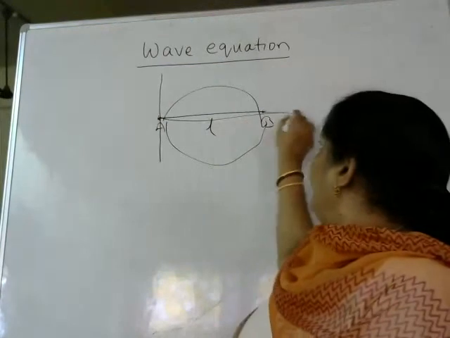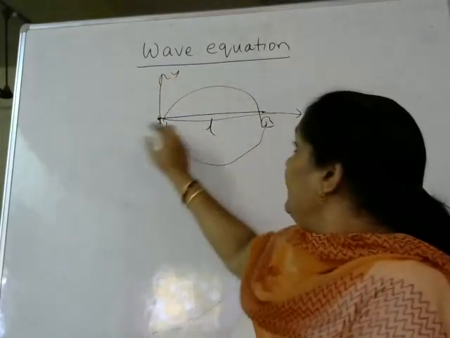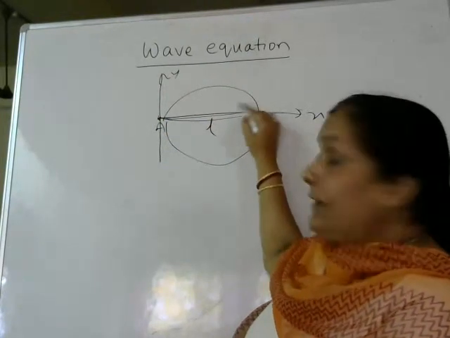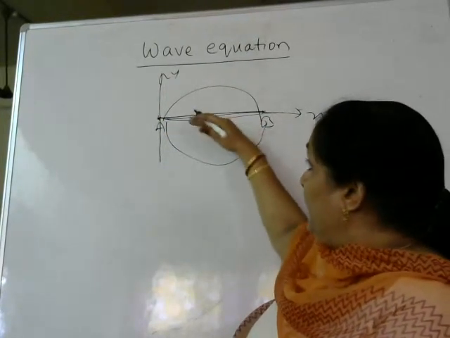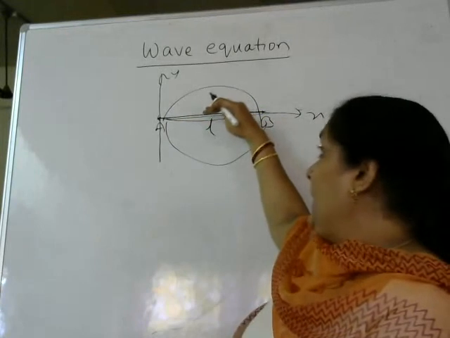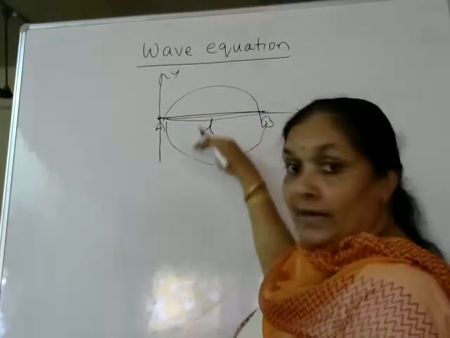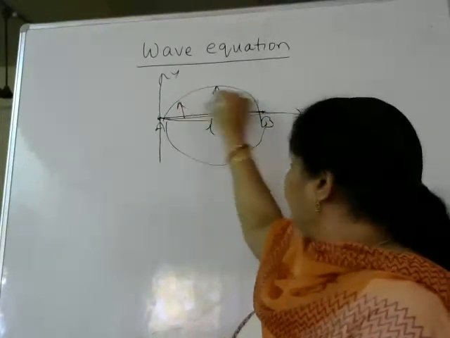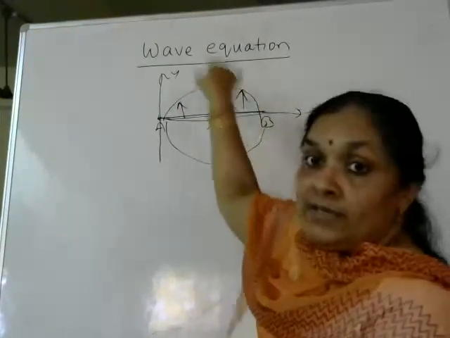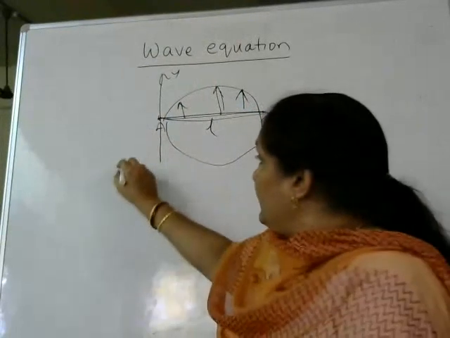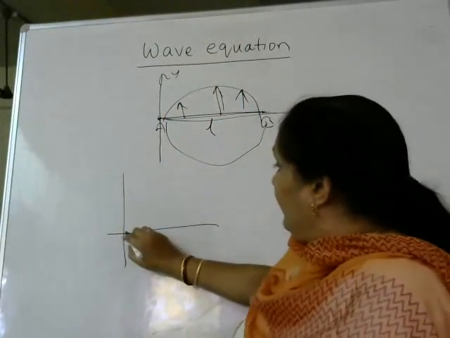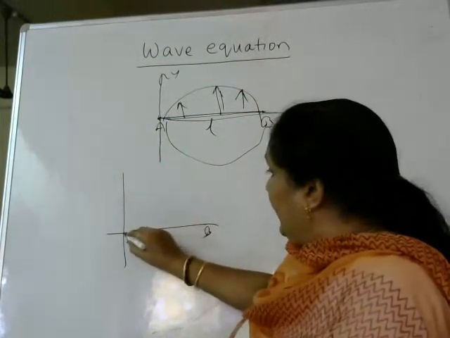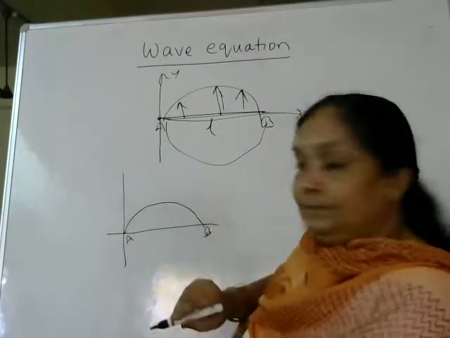Assume an x-axis and a y-axis. On the x-axis we are taking the length of the string. It is vibrating, one time with positive y-axis, one time with negative y-axis. So the displacement we have here is taken along the y-axis. If the string is fixed at both ends A, B, and it is plucked, it will be vibrating like this.